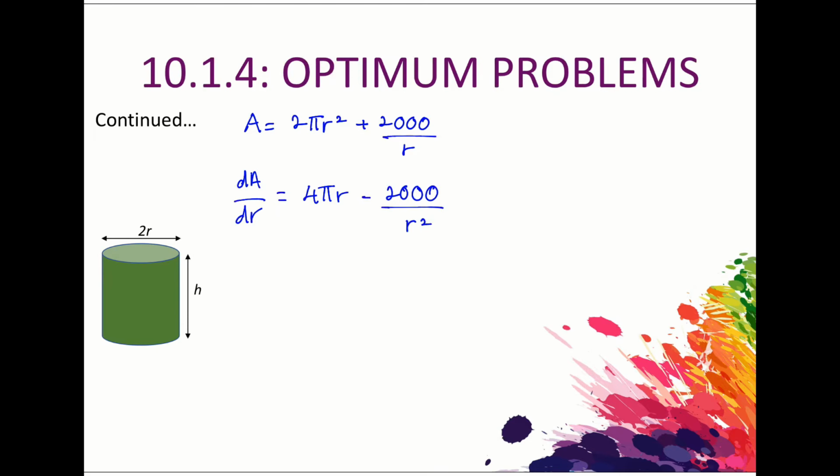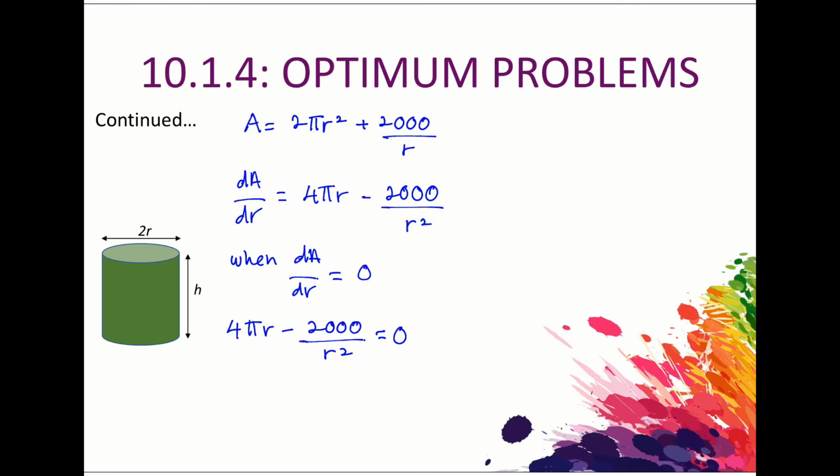And now we need to find the value of r when A is either maximum or minimum, which is when dA/dr equals 0. So when dA/dr is equal to 0, 4 pi r minus 2000 over r squared is equal to 0.